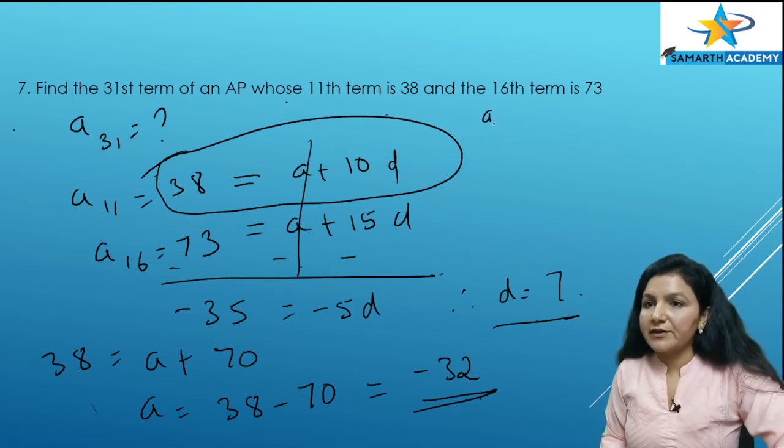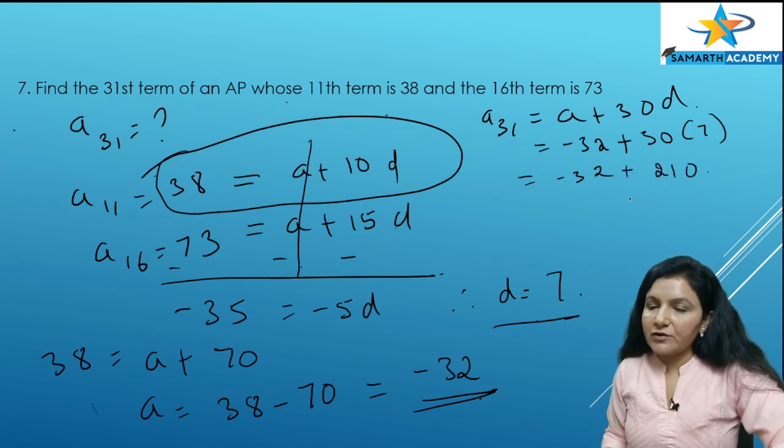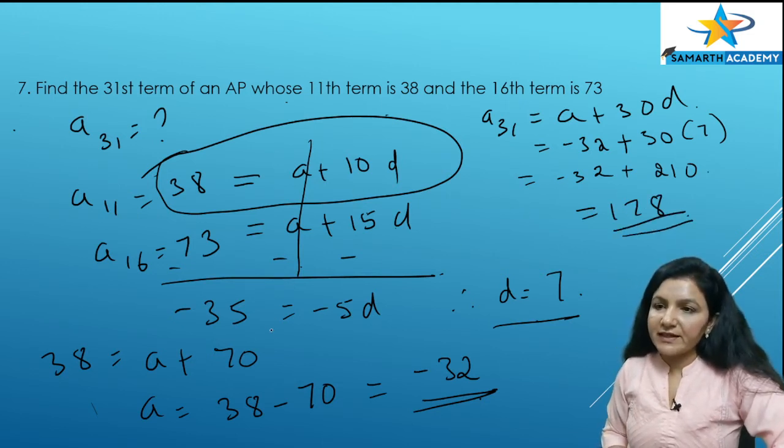So write A31 is what? A plus 30D. Substitute the first term and the common difference, that is minus 32 plus 30 into 7, that is minus 32 plus 210, which is 178. So the 31st term is 178.